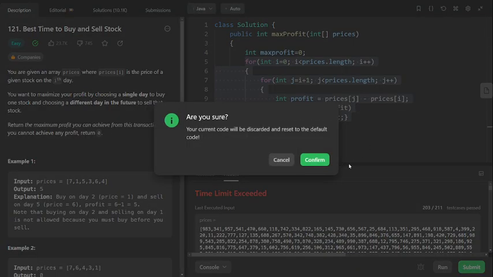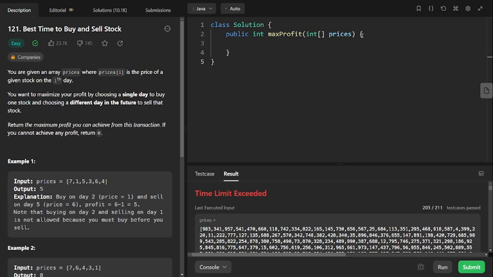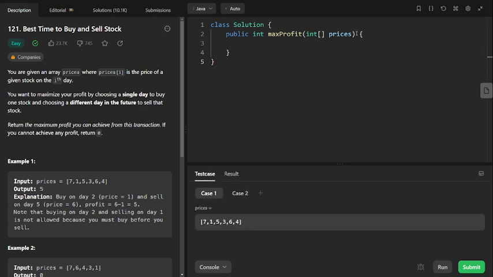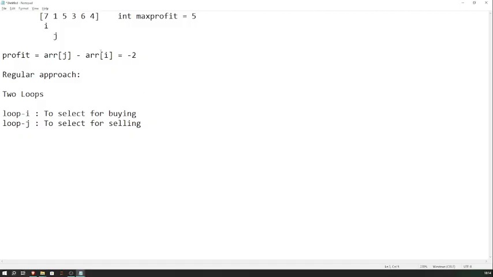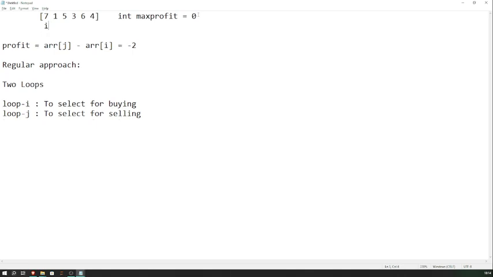So let's reset our code, and we will now look at how to optimize our code.